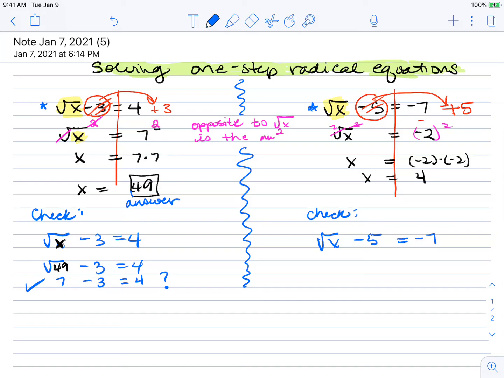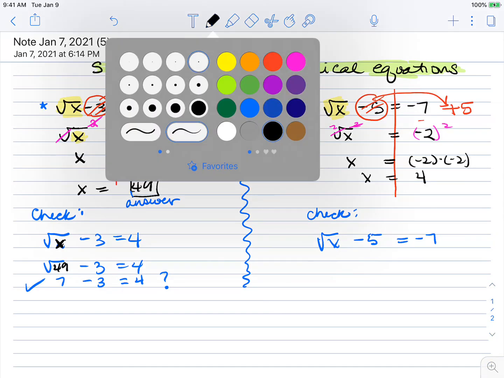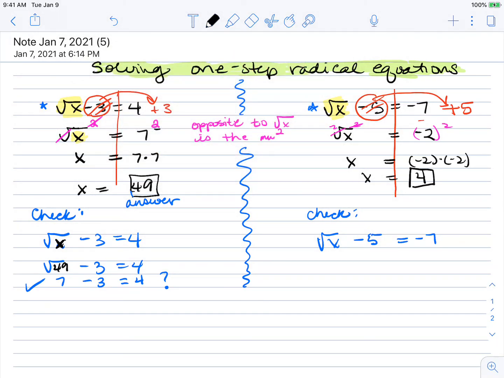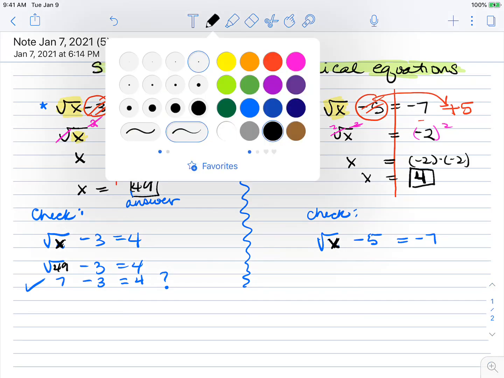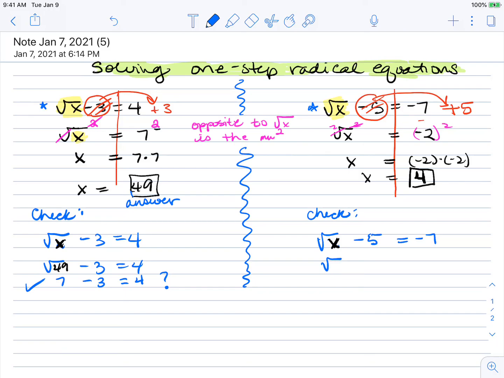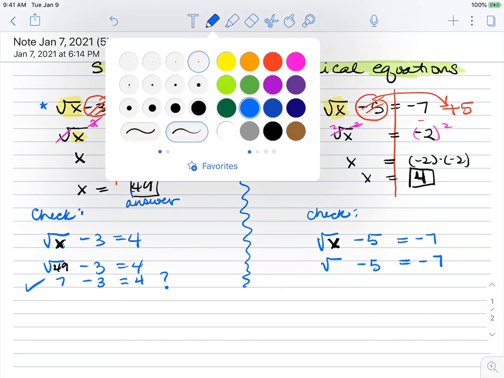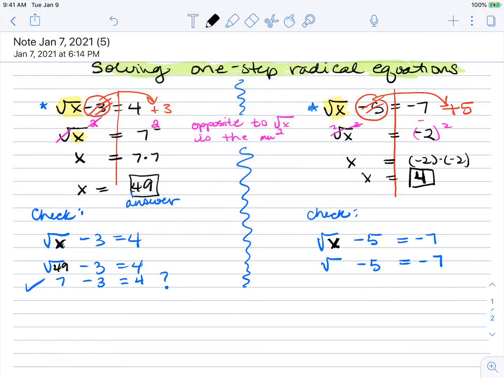Well, my original answer was 4. So I'm going to change this x to my 4. I have the square root and my minus 5 and my minus 7. I'm going to put my 4 back in.